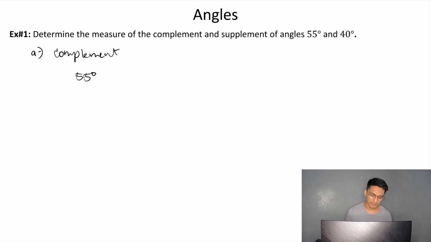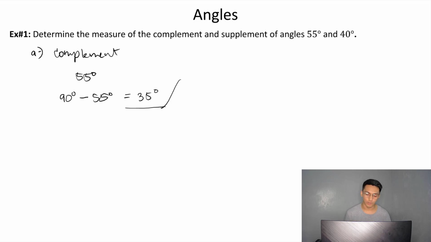So we have 90 degrees. To solve for the complement of the 55 degrees, 90 degrees minus 55 degrees. The answer is, we have 35 degrees. Ibig sabihin, 35 degrees is complement to the angle 55 degrees.